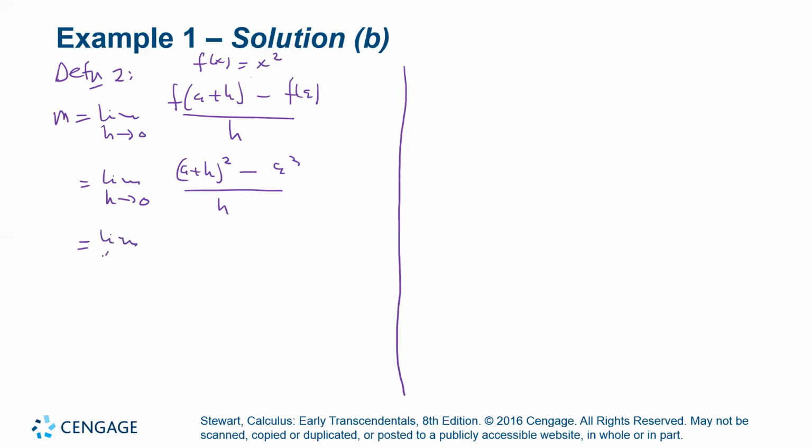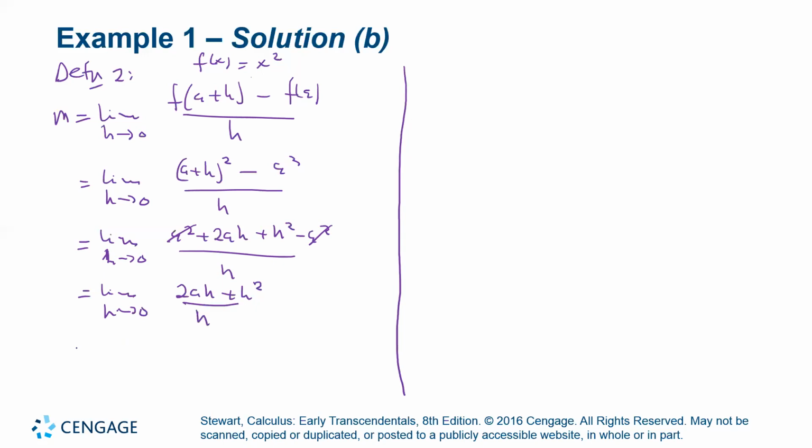You have the limit, h goes to 0, of a squared plus 2ah plus h squared minus a squared, divided by h. Now this will cancel out, and then we have the limit, h goes to 0, of 2ah plus h squared divided by h.